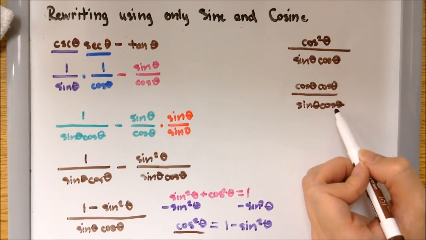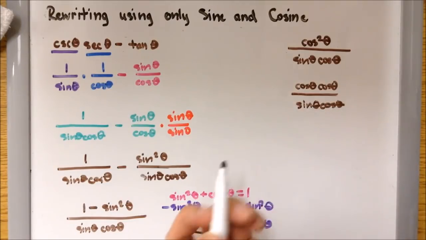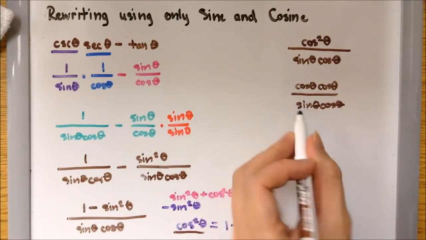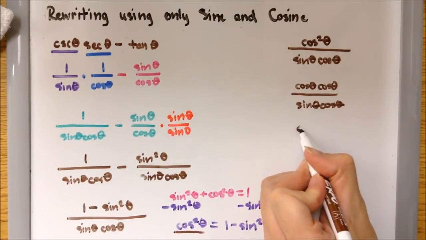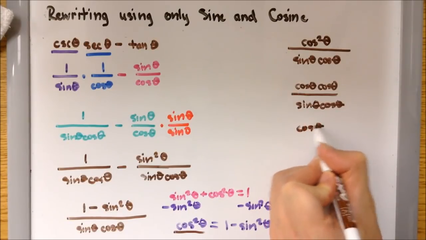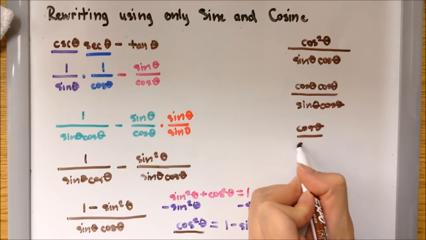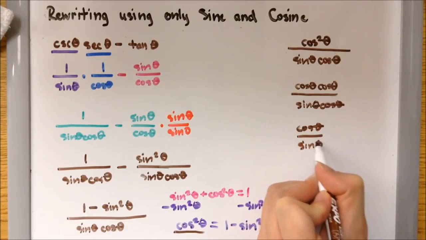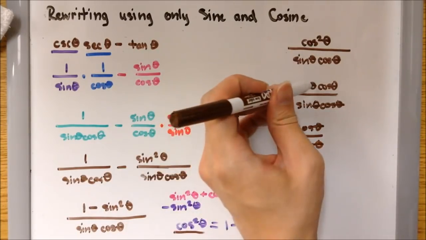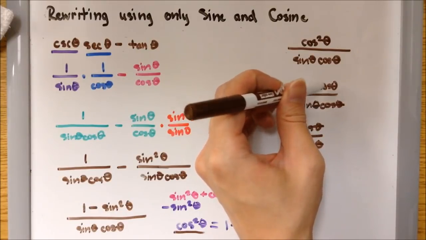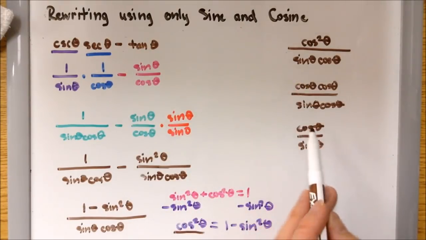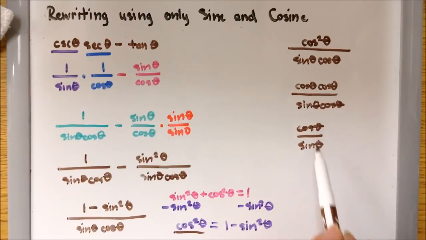So I can divide, which becomes 1, and the only thing I have left in the numerator is 1 cosine, and in the denominator I have just 1 sine. So on the top and on the bottom, I divide by cosine theta, and I'm left with just cosine theta on the top and just sine theta on the bottom.